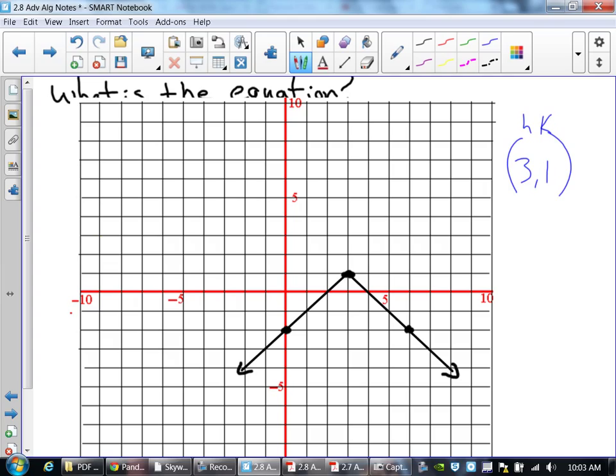Downward. So your A value is going to have to be what? Negative. Good. So A is going to be negative. Well, we just have to walk our slope. One little, two little, three little spots. So what's down 3, right 3? 1. So now you have your A, H, and K. You fill in the blanks to write out the equation.